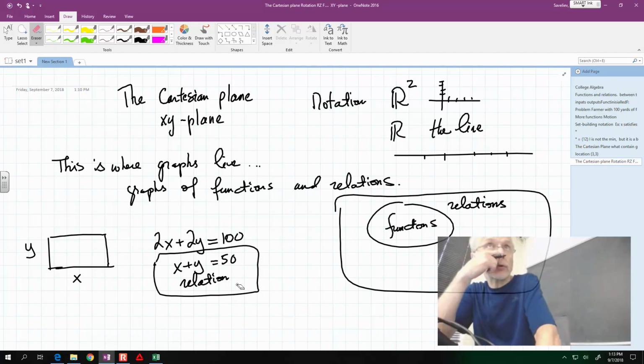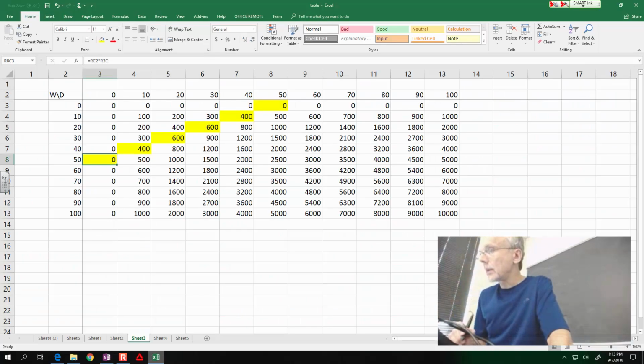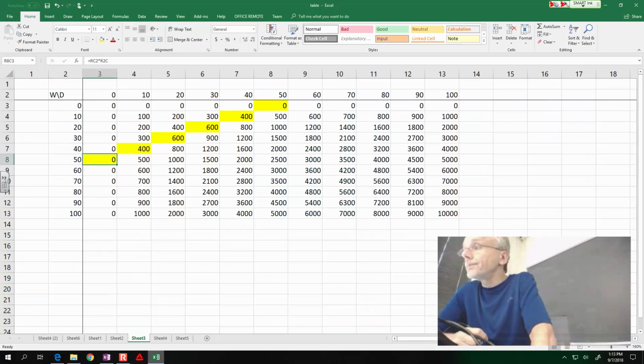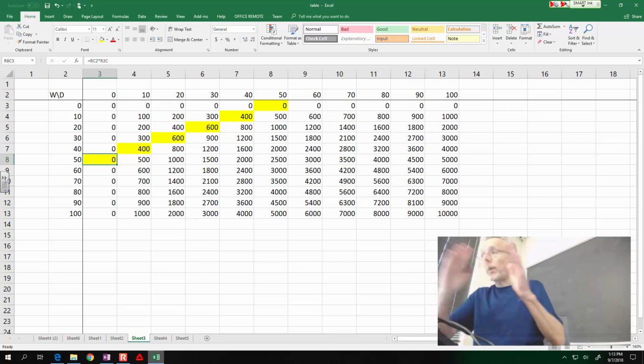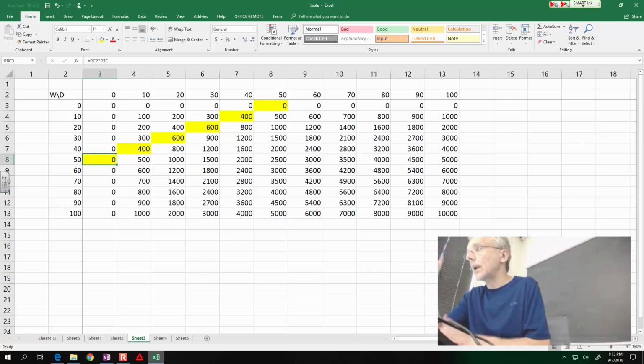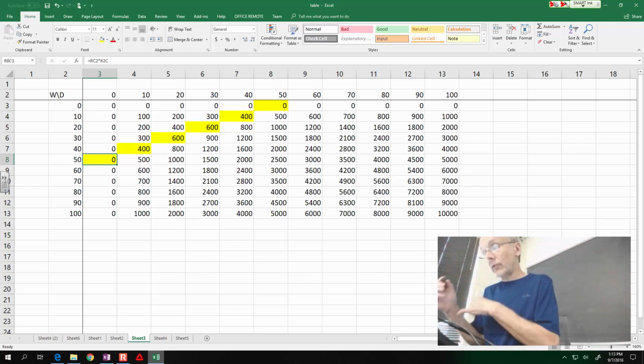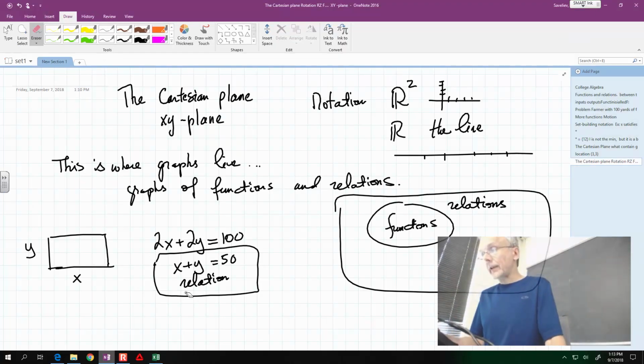We actually plotted it. Let me point it out. This is how we plotted it. Remember this? So width and depth, horizontal and vertical, and we have all possible combinations of width and length between 0 and 100, but the only ones marked are the available ones. These are the only ones that satisfy the relation. We used it as a restriction condition, but the technical term would be a relation.